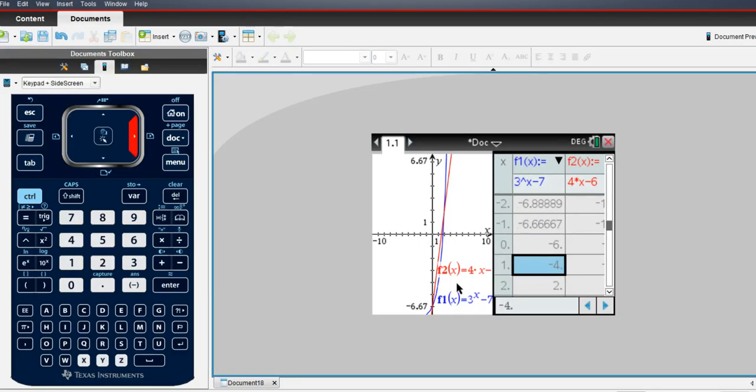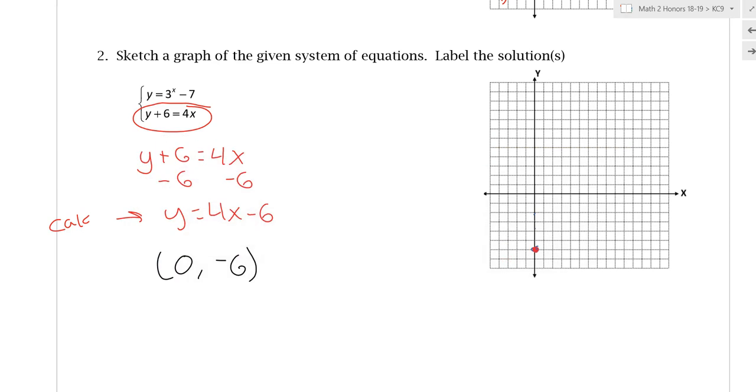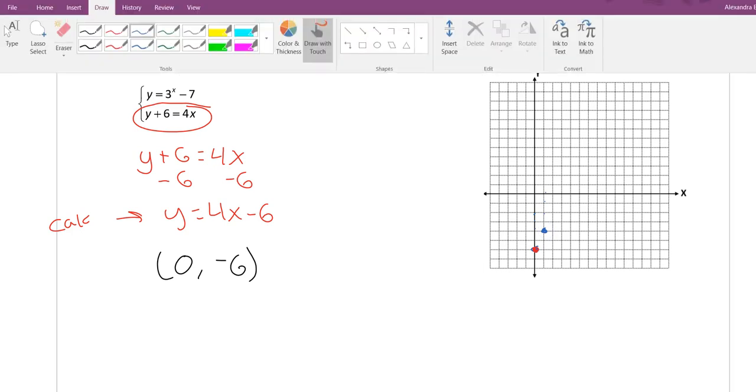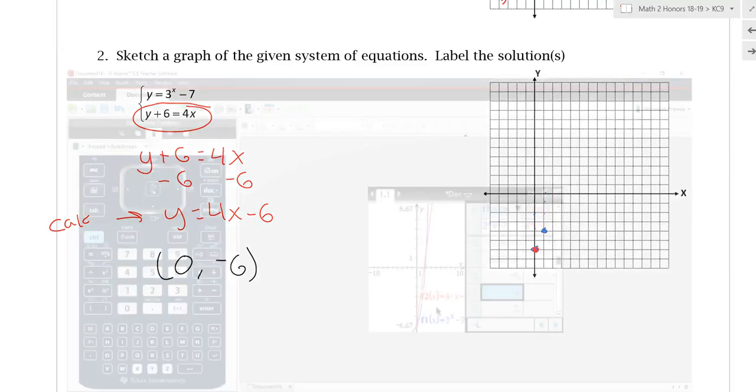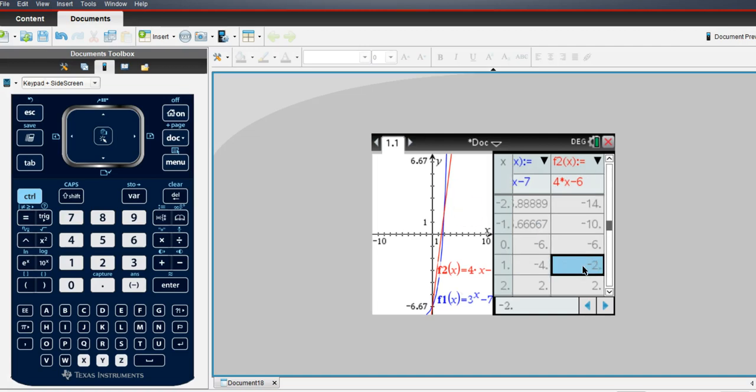1, -4 is a blue point. And the red point was 1, -2.